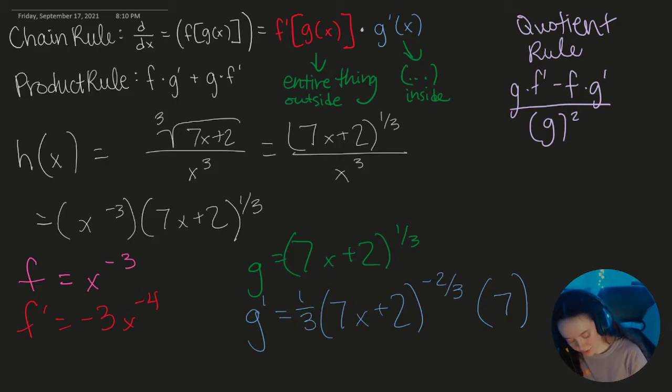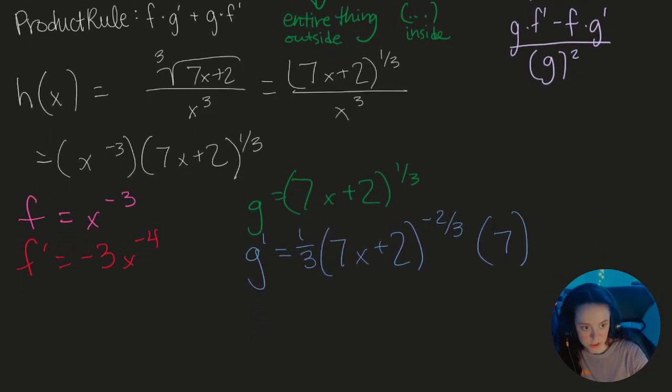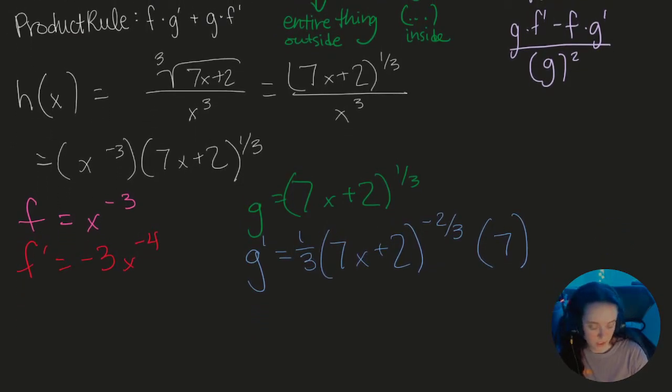So then we go back into product rule, which just says that f times g prime plus g times f prime is our answer. Okay, so we're going to do that.